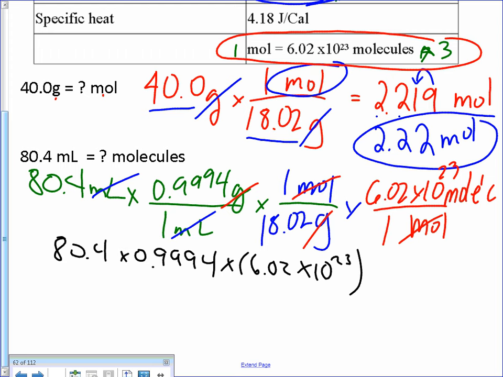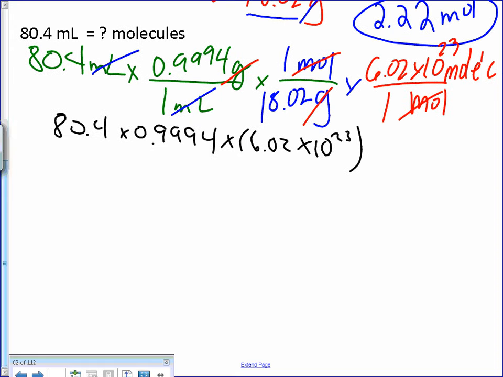And then what would you do? Oh, not yet. I have not included one thing. You still have to divide by the denominator stuff. So whatever this is in your calculator, divide it by 18.02, because that's the only number that's meaningful really in the denominators.